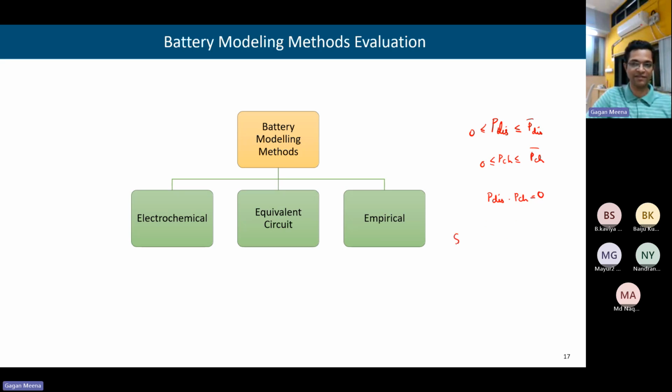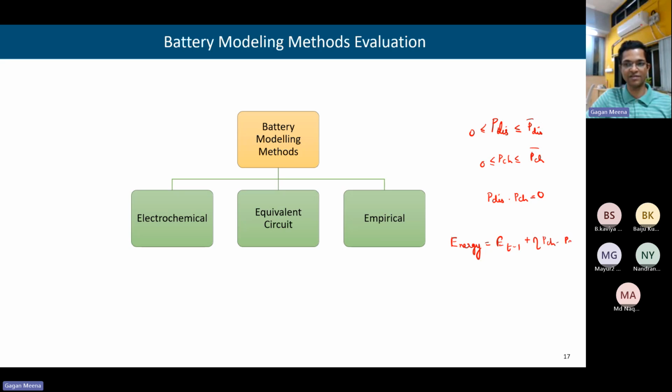And then one equation is for the state of charge, or energy update equation. It depends upon the energy in the last time block plus the charging which is happening. If charging is happening, it is multiplied by efficiency, P charging.